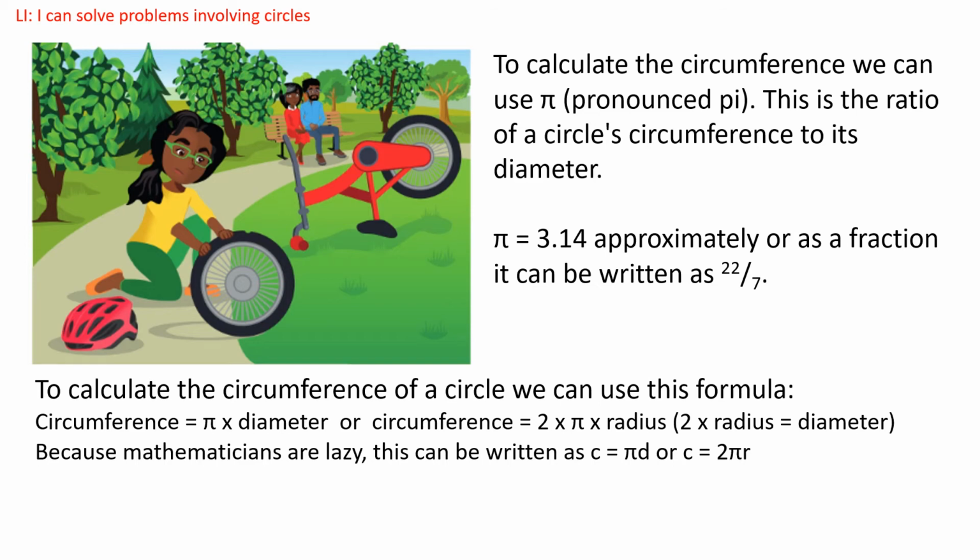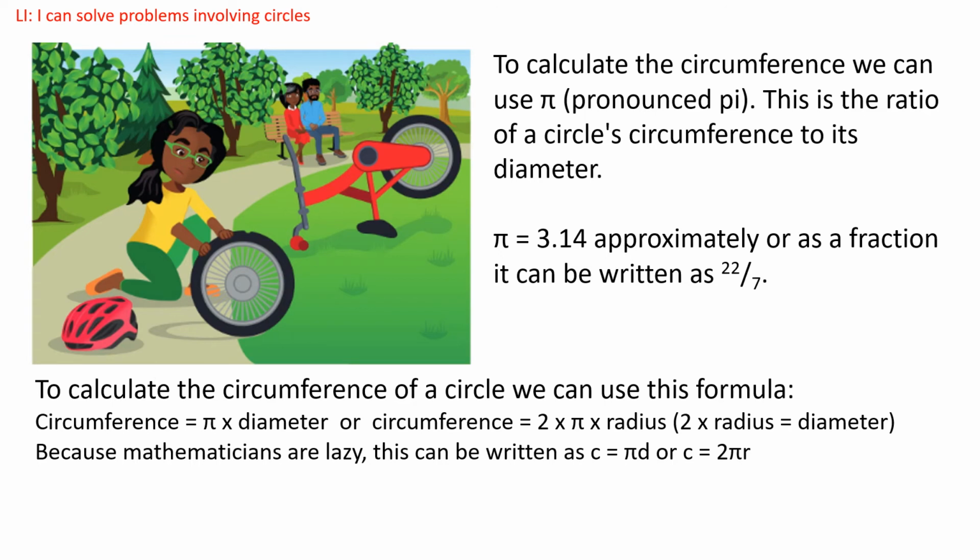So pi, it goes on forever. It's 3.14 something, something, something. Very long number. You can look it up and Google it if you're interested. But from our point of view, we always take pi to be equal to 3.14. Or we can write it as a fraction as 22/7.